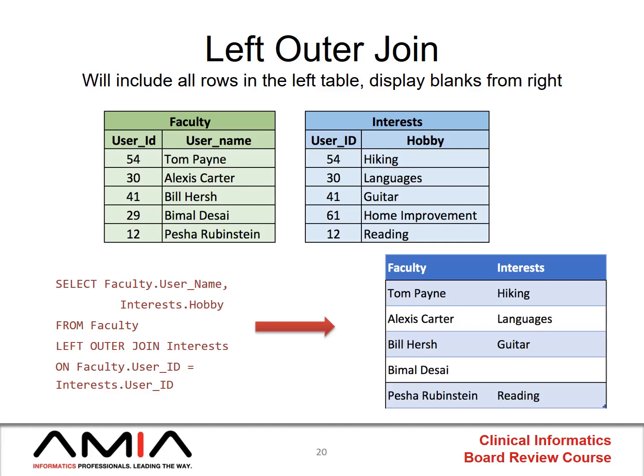So this is the example where I want to see all faculty members regardless of their interests. All I've done is slightly change the syntax: select faculty.username, interest.hobby from faculty left outer join interests on faculty.userid equals interest.userid. And now, voila, I can see my missing cell, or my null value, in the interest column.